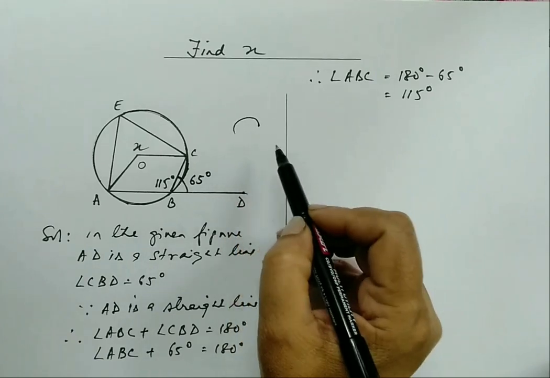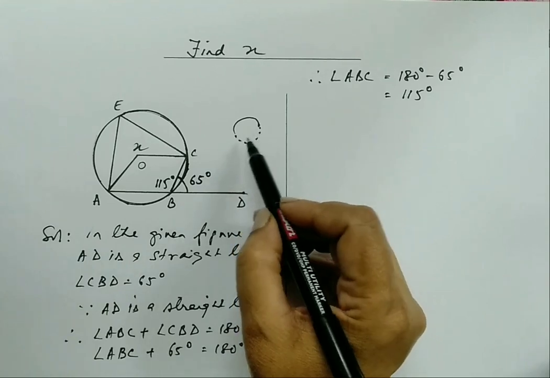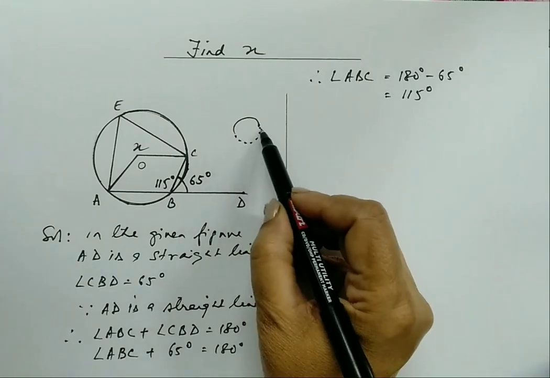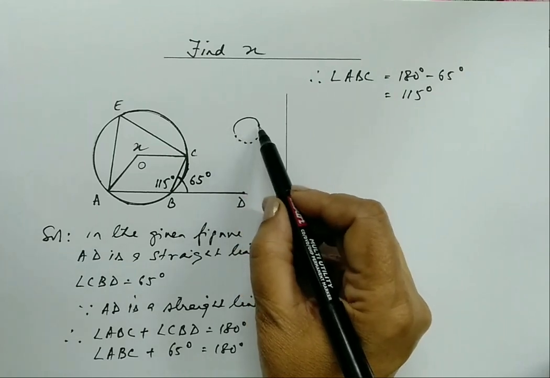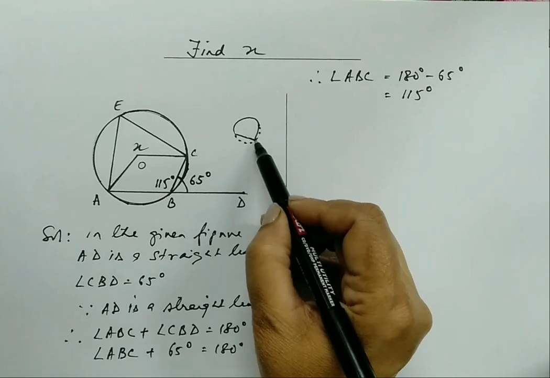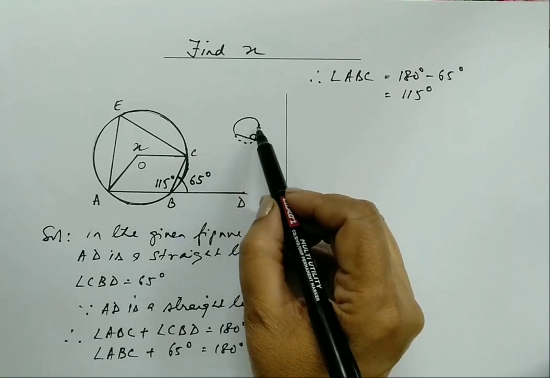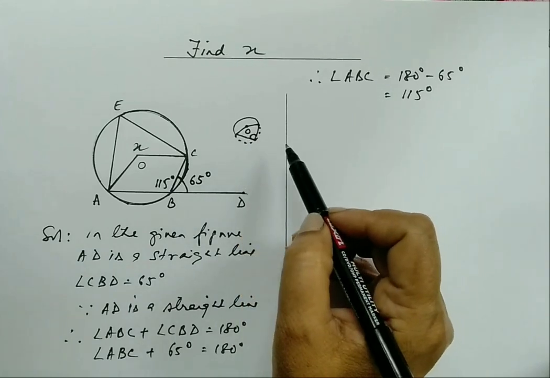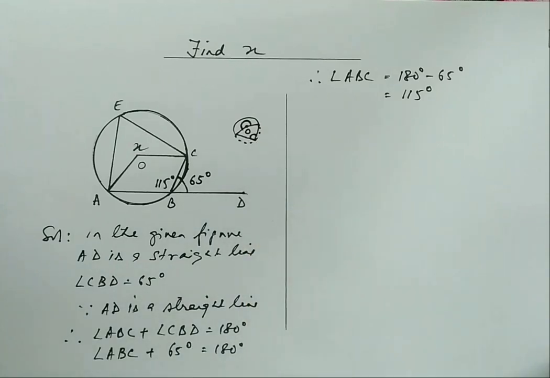If this was the arc, and this is the rest of the arc of the circle, if this arc subtends an angle at the circumference, this, and if this very arc subtends an angle at the center, then this angle will be 2 times this angle, correct?